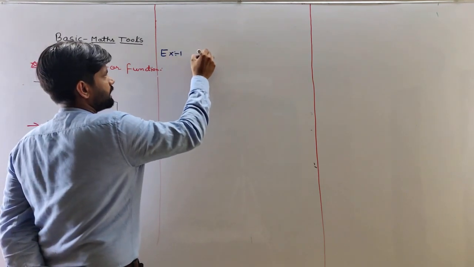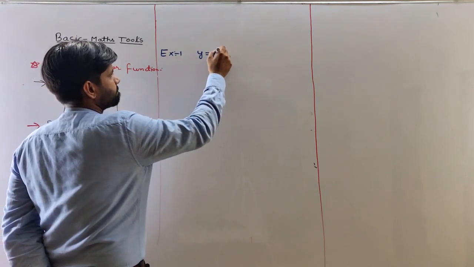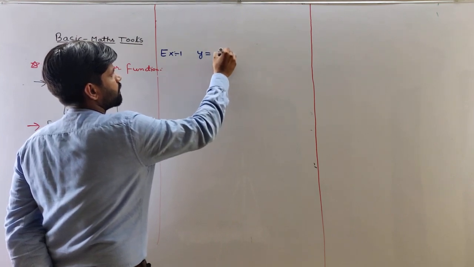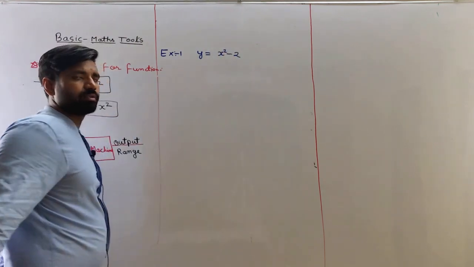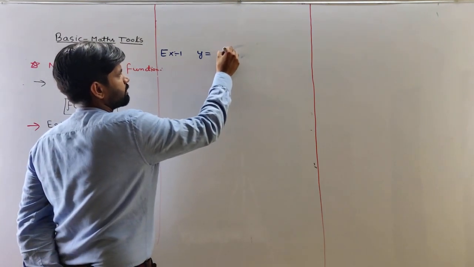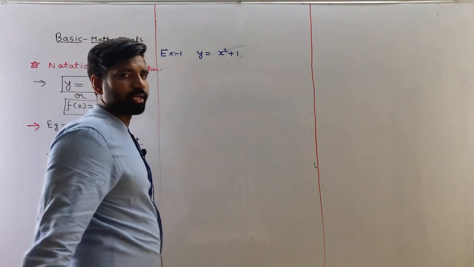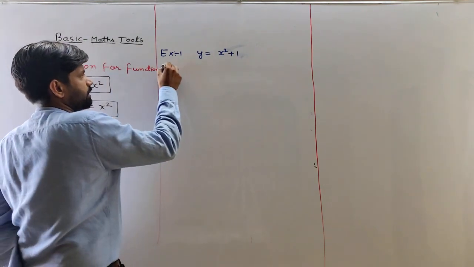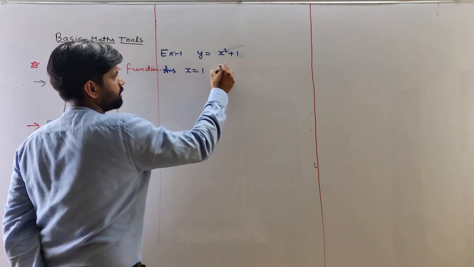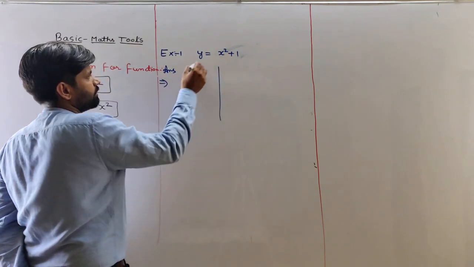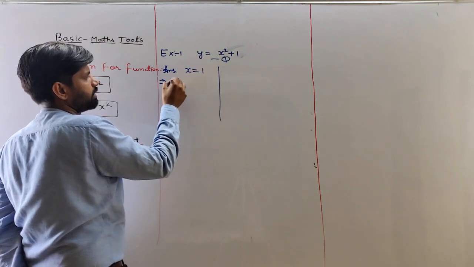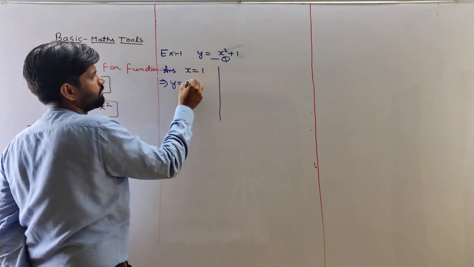Let's suppose y is equal to x square plus 1. Simple example. If we put x is equal to 1 in equation 1, what will we get?